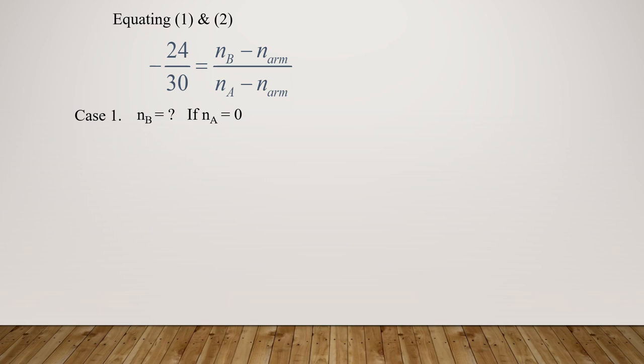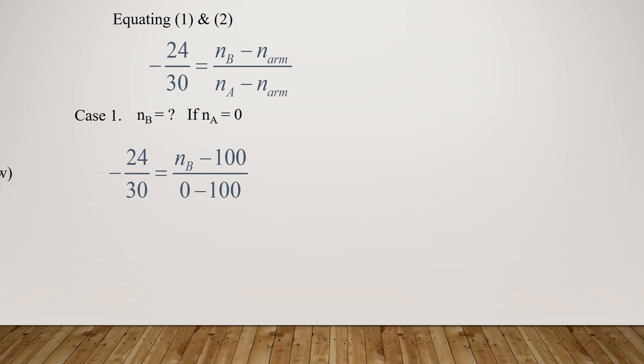So substitute the values: 24 by 30, leave it as it is. NB is unknown. NR, what is the speed of the arm? The arm speed is 100, given clockwise, so it is positive here. So NB minus 100 divided by NA, which is 0 here, minus the arm speed.